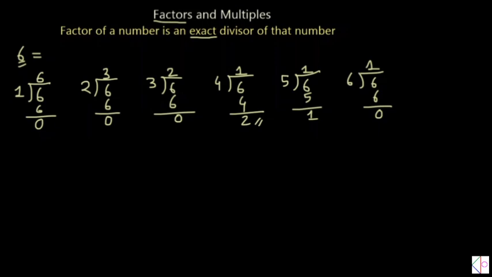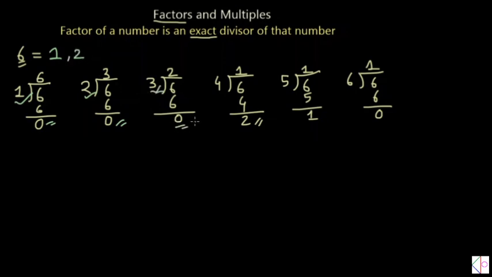From these divisions, we have seen that when we divide 6 by 1, the remainder is 0, so 1 can be written as a factor of 6. In case of 2 also the remainder is 0, so 2 is a factor of 6.